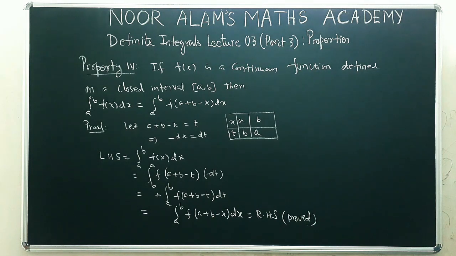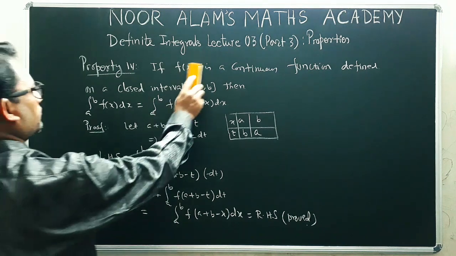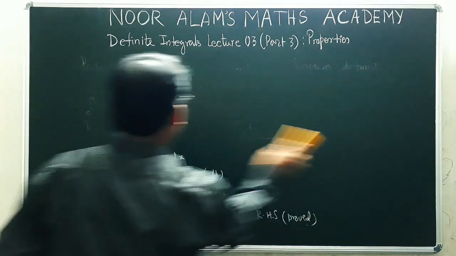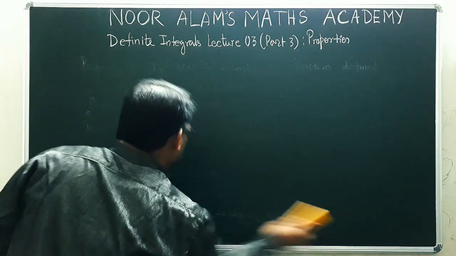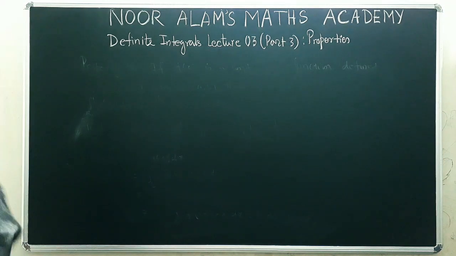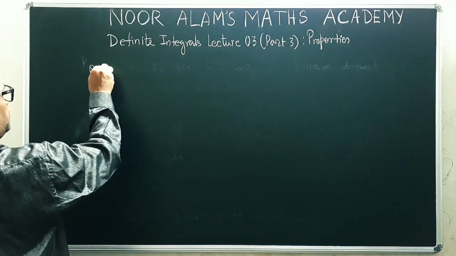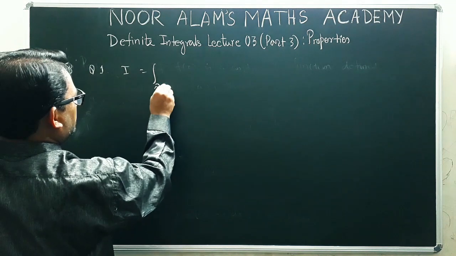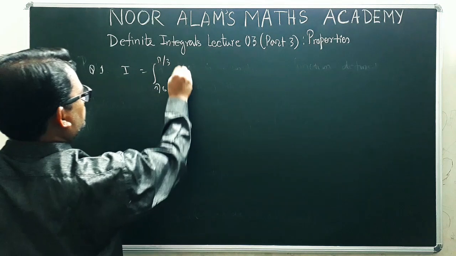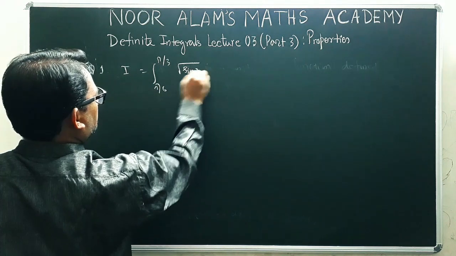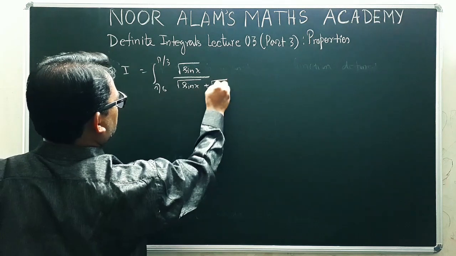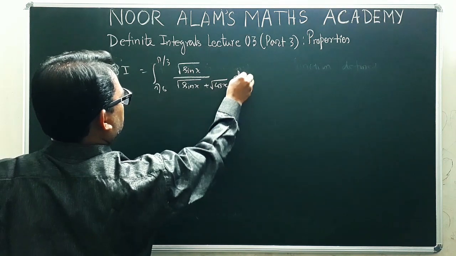Okay. Problem number 1. Question number 1 on this property. I is equal to the integral from pi by 6 to pi by 3 of root sin x divided by root sin x plus root cos x, dx.